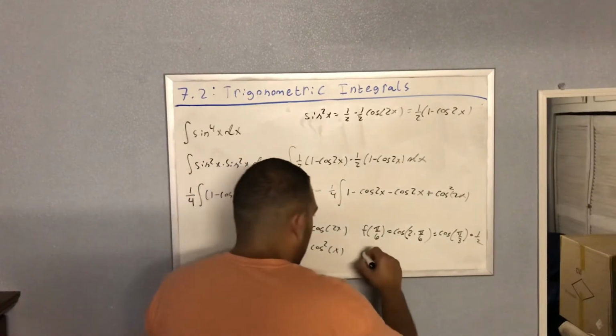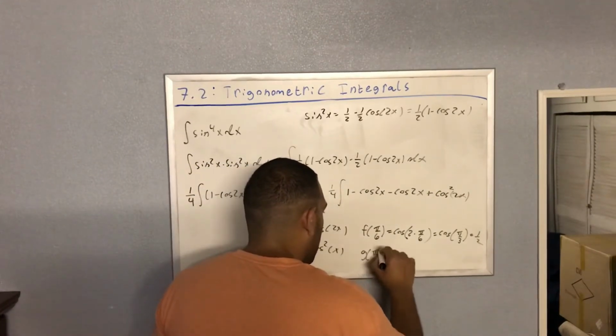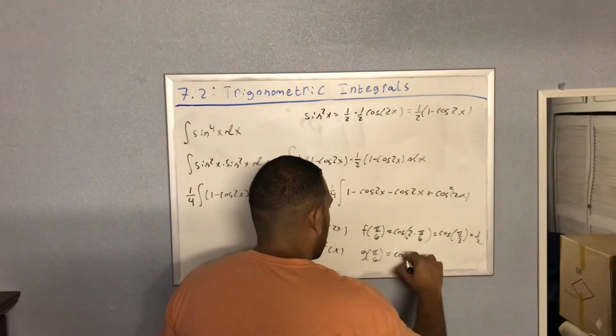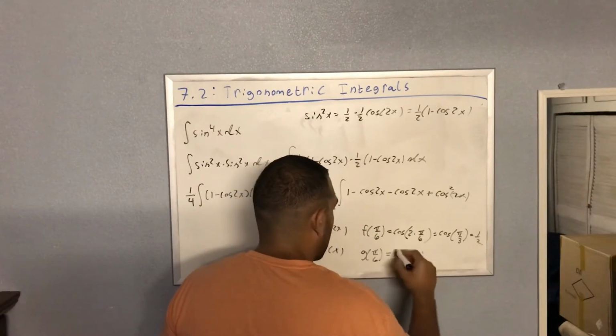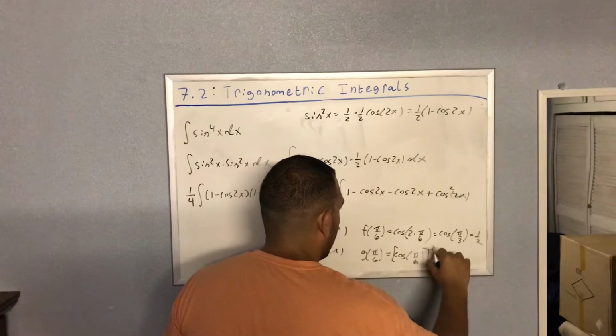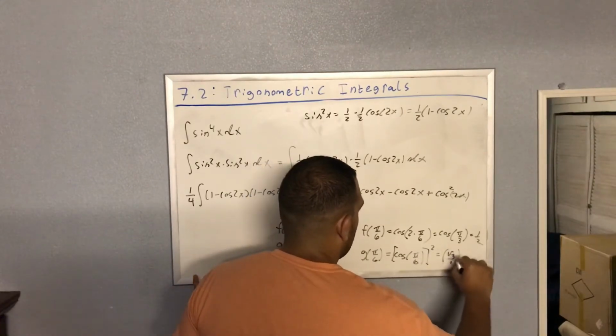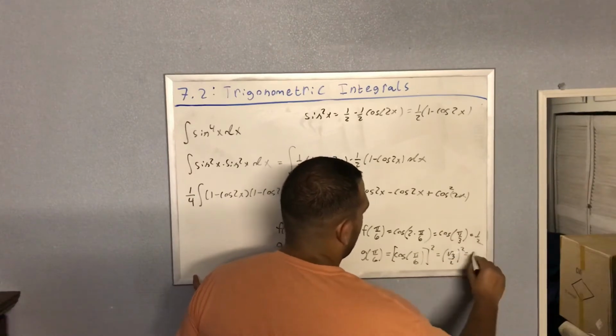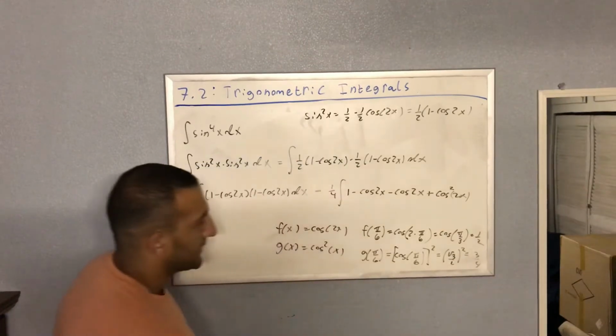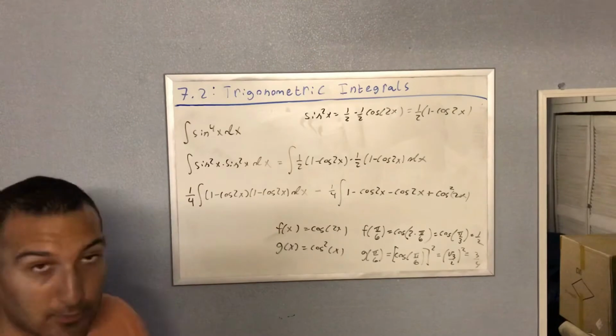But g of pi over 6 would be the cosine of pi over 6. You take that number and you square it. So cosine of pi over 6 is root 3 over 2, and you would square that to get 3/4. So notice they're not the same.